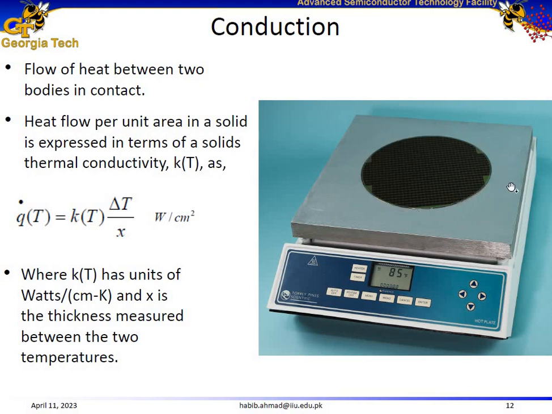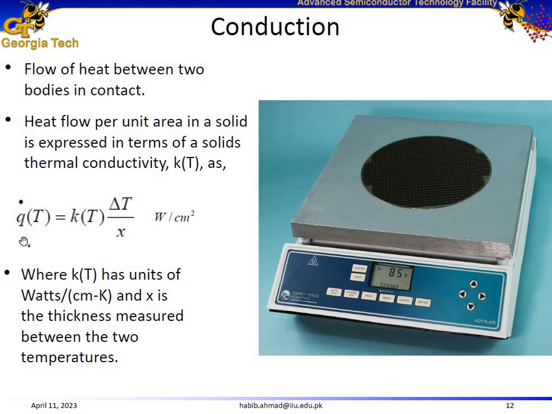We place the silicon wafer on the hot plate, and because of conduction, the heat flows from the hot plate to the semiconductor wafer. How does it flow? Because we have solids, the heating process provides thermal energy to the atoms. These atoms start vibrating and transfer energy from the hot plate to the semiconductor wafer.